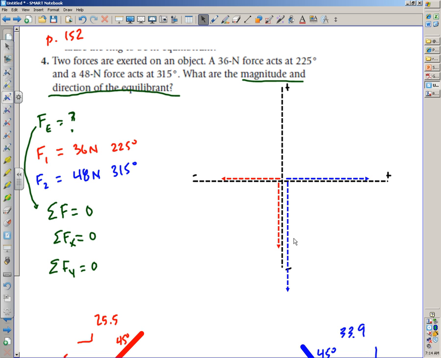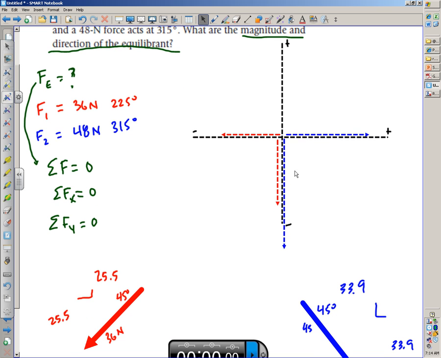So let's take a look first at the y-axis. On the y-axis, there are 2 vertical components, this red one, this blue one. They both point in the same direction, meaning that they would combine like we know how forces combine in 1 dimension, and we'd stack them up kind of like this to produce one big vertical component because they're both acting in the same direction.